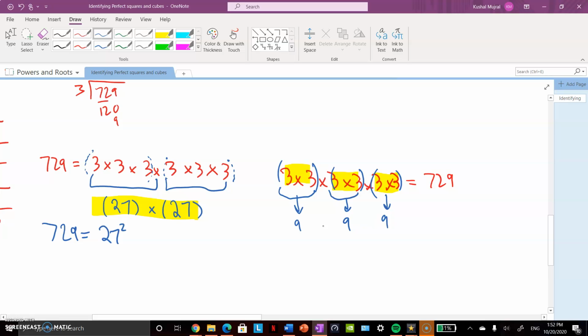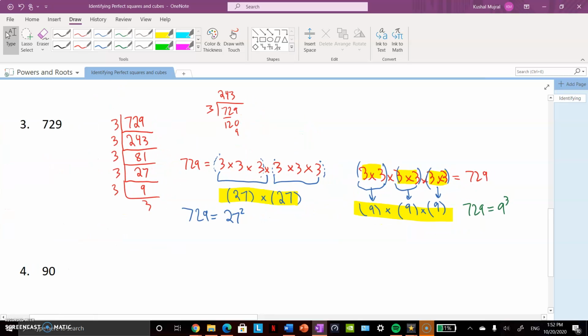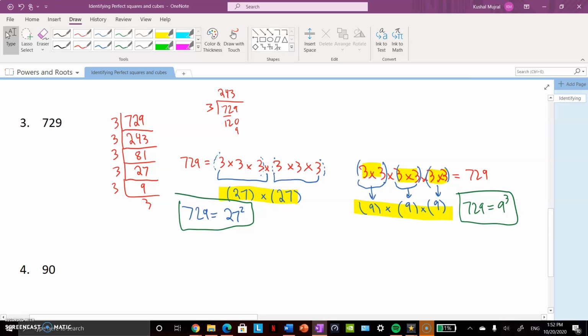This becomes 9 times 9 times 9. And because there's 3 9s here, we can say 729 equals 9 cubed. So we have two answers for this one. 729 is 27 squared, and 729 is 9 cubed. We want to identify if they're squares or cubes. We can't just say 729 is 9 cubed and stop. We also have to check if there's a square.